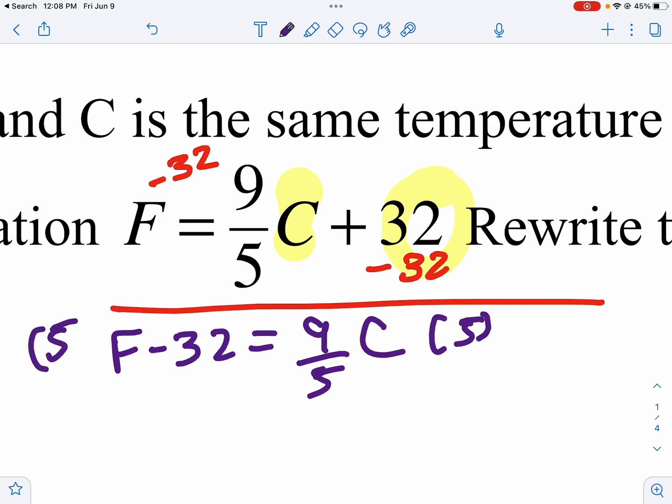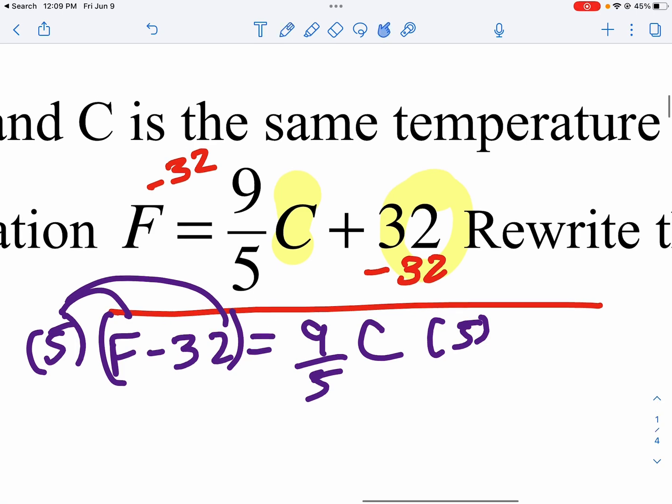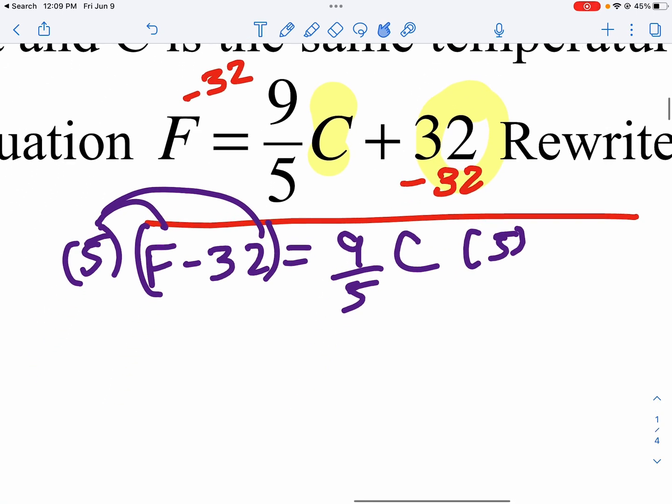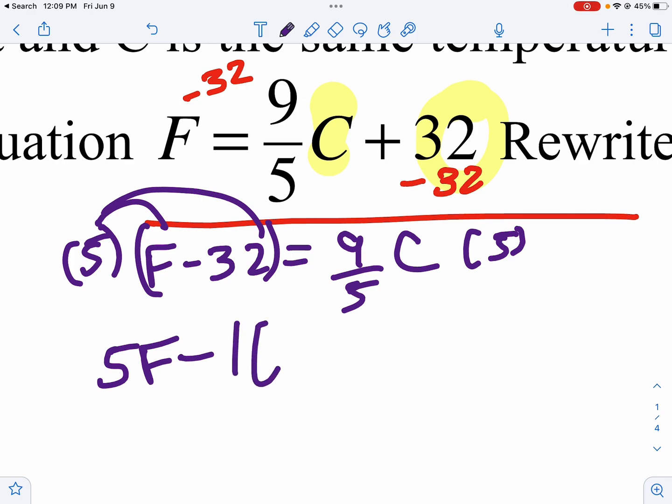And really what I do is I distribute my 5 to F and 32. So 5F minus, what's not equal, minus 160.